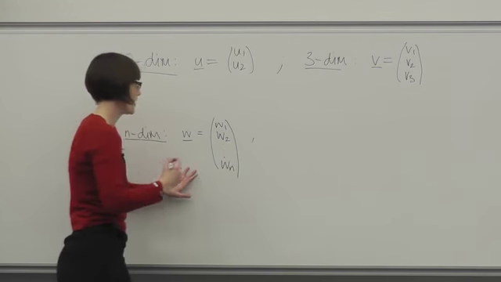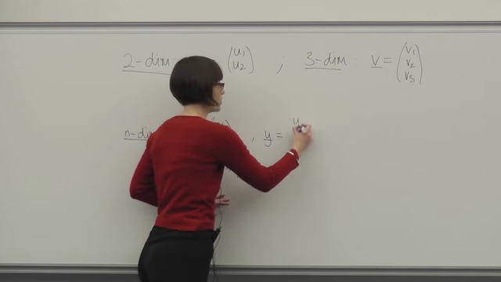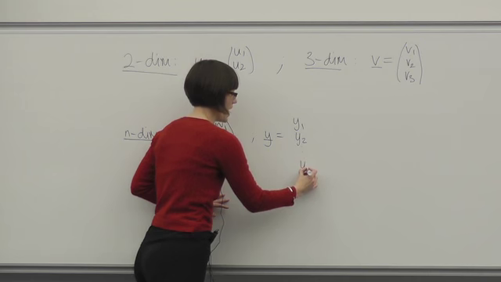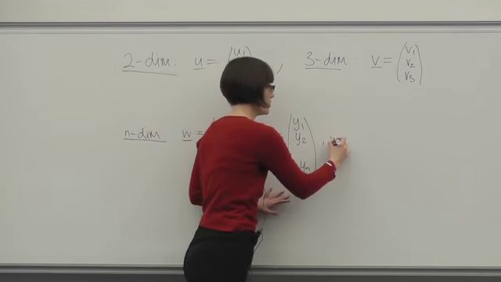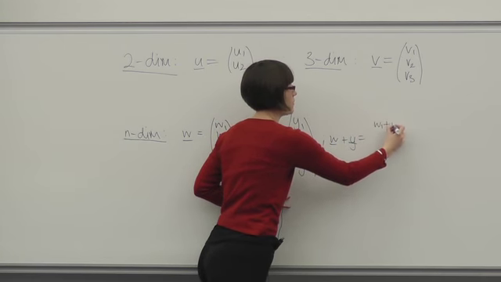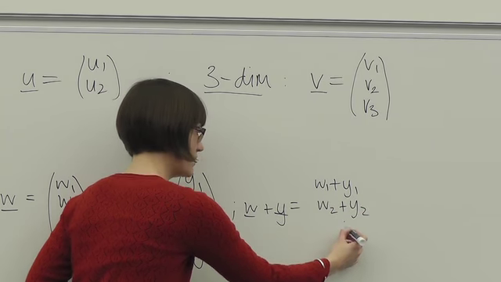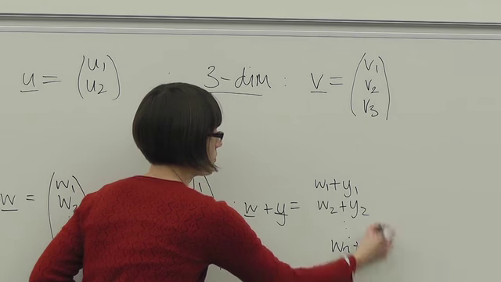So for example, if I have another vector, say y, with components y1, y2, and so on, down to yn, then we'll just define w plus y to be the vector w1 plus y1, w2 plus y2, and so on, all the way down to wn plus yn.